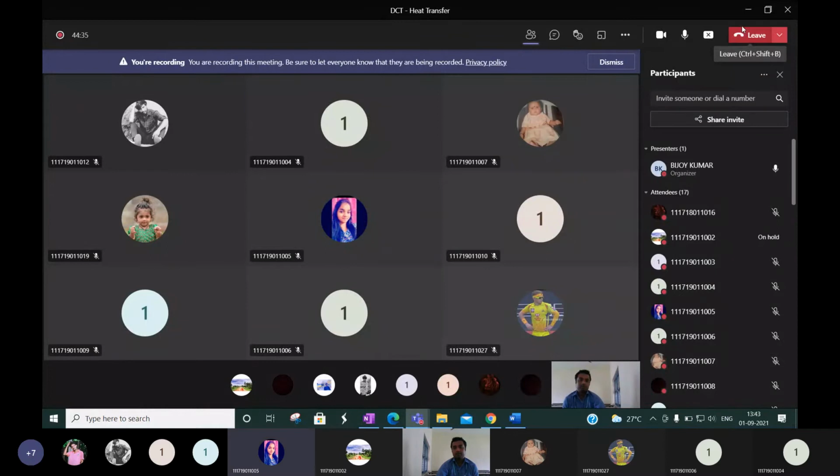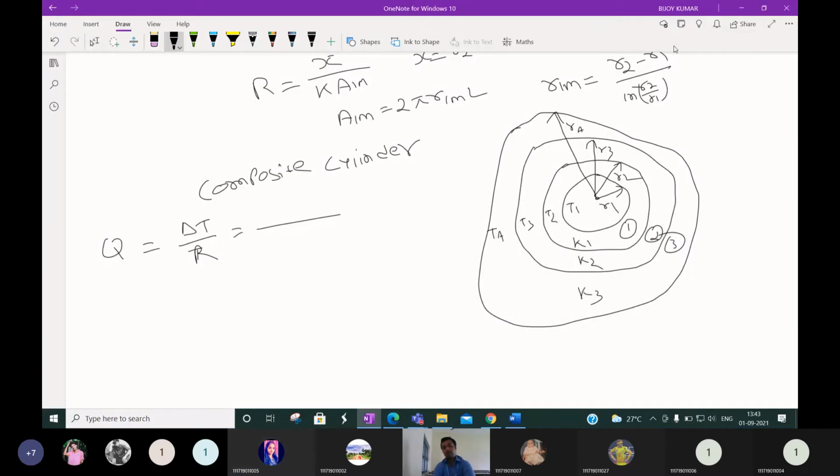Yes, sir. What is this delta T? What will be the delta T value? T2 minus T1. Why are you telling? First you tell me, what is this delta T? Change in temperature. Change in temperature in what? In the composite cylinder.